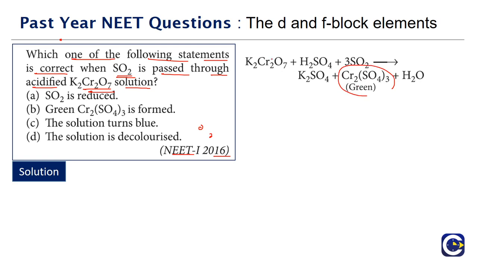This will be formed when we pass sulfur dioxide gas through acidified K2Cr2O7. So the correct answer is option B, which is green Cr2(SO4)3. Chromium sulfate is being formed.